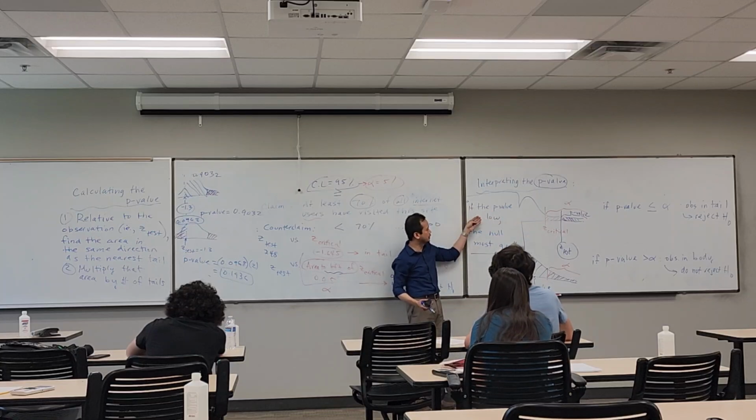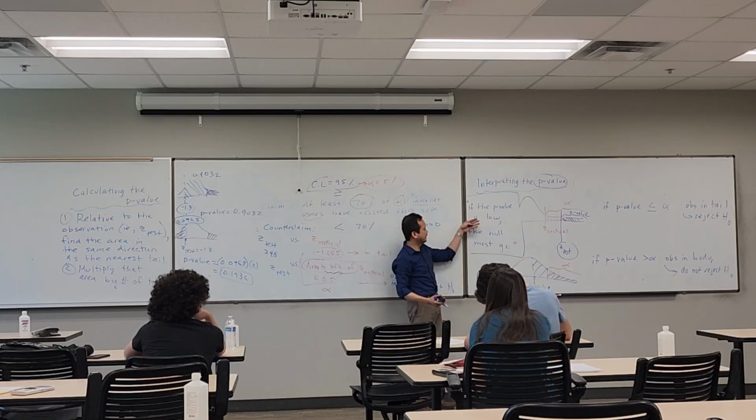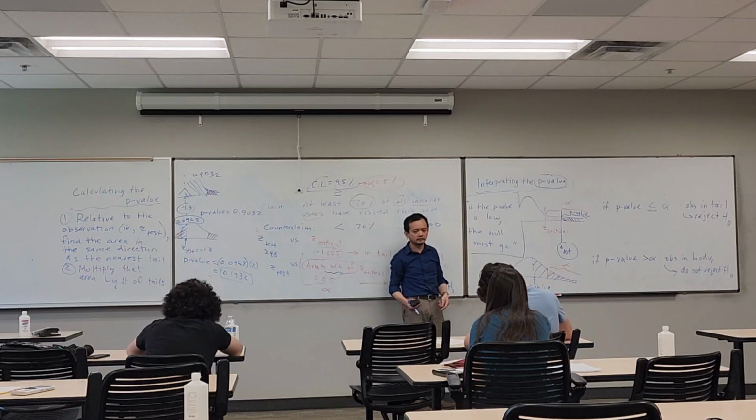If the p-value is low relative to alpha, then the null must go. You reject the null hypothesis.